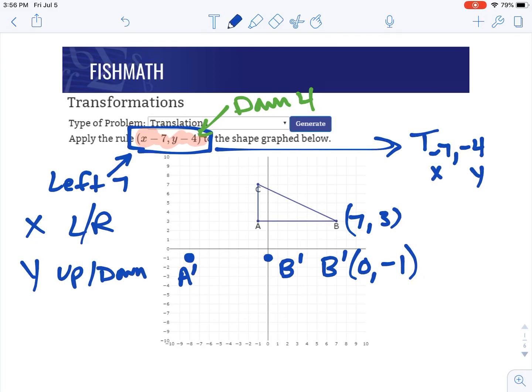So C was 4 above A. So I could go to A prime here and just count 1, 2, 3, 4. And that has to be our new location of C because it has to be 4 above A, since of course the shape cannot change size. And then we can just connect them, and that would be our completed translation.